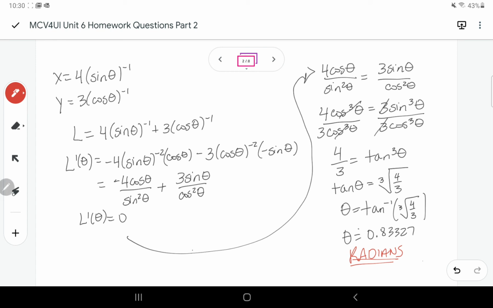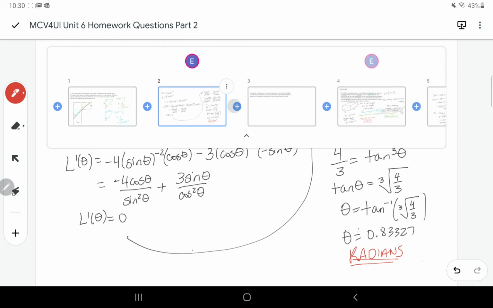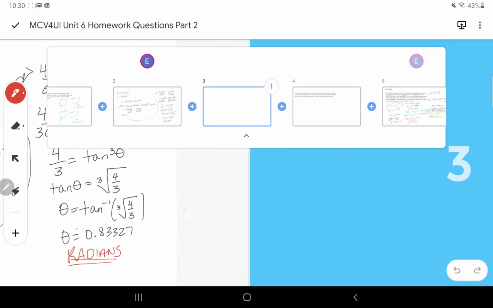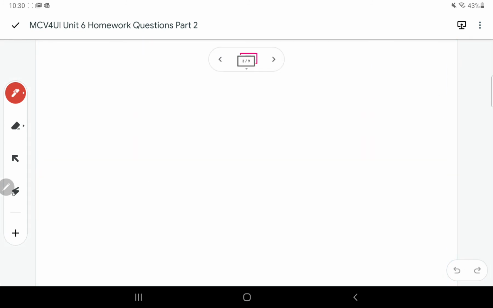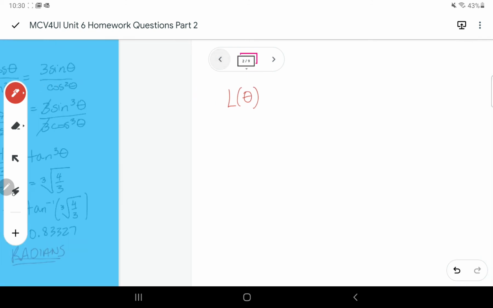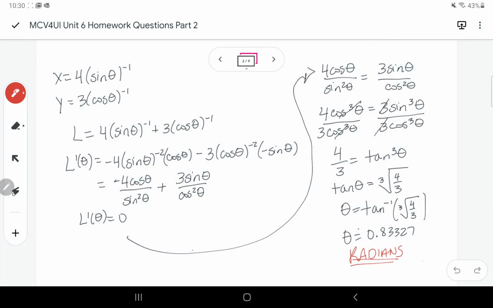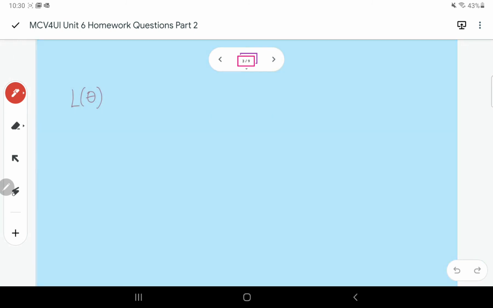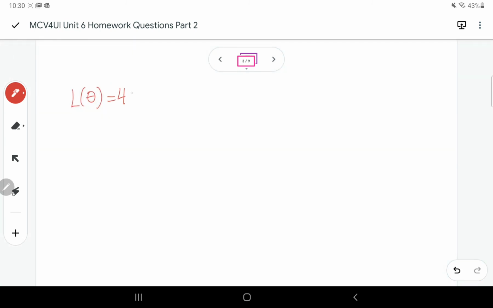So we said that L at theta, I'm going to add this in. So this was equal to 4 sine theta to the negative 1 plus 3 cos theta to the negative 1.